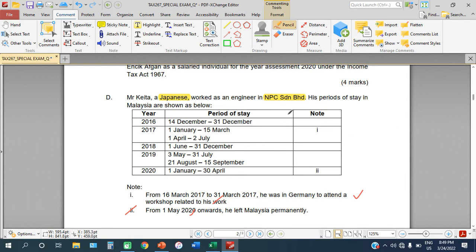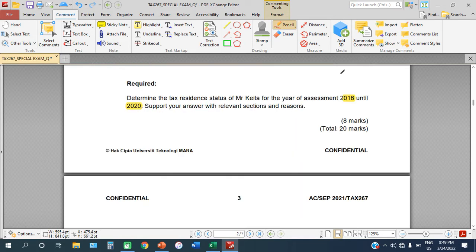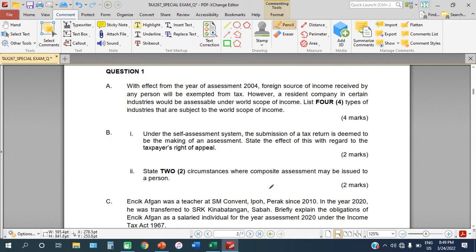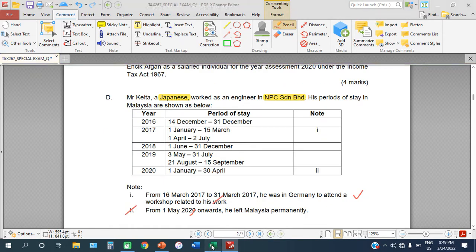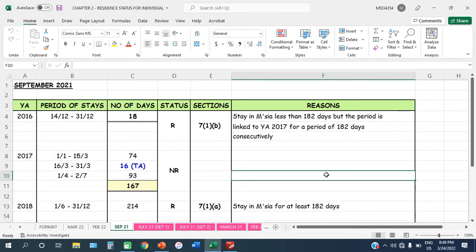Okay, now let's go back to our table and we can start answering. The way you answer for resident status, guys, make sure you answer year by year. You cannot skip even 1 year because the question stated very clearly 2016 until 2020. Okay, so first, let's prepare our format. This is the standard format, guys.